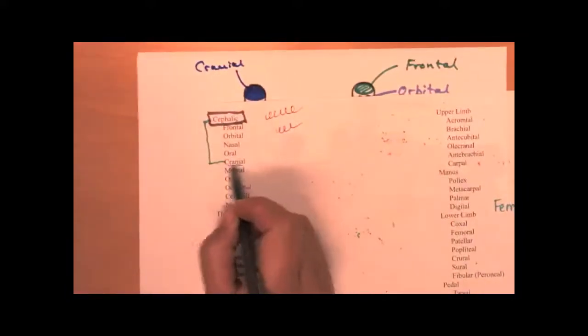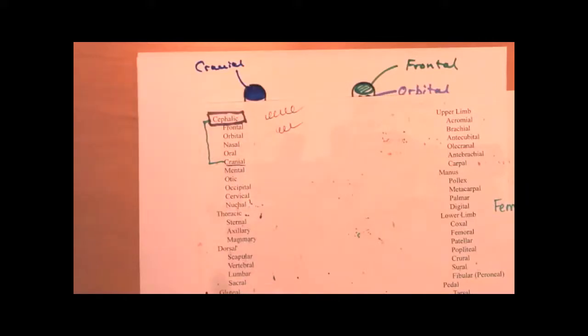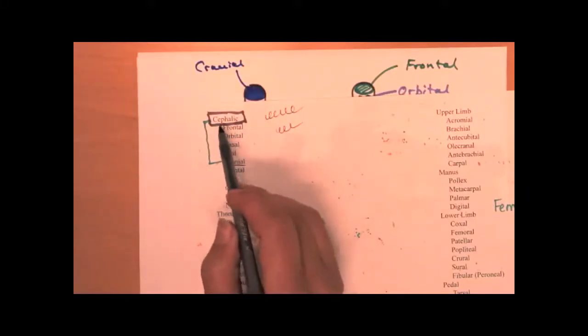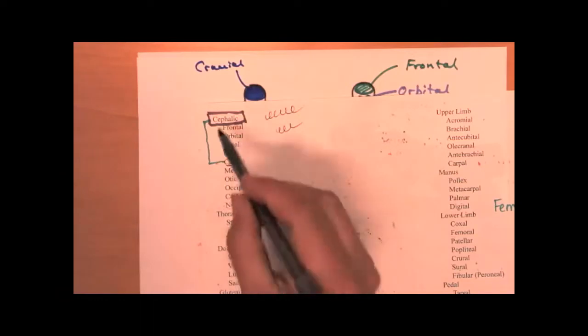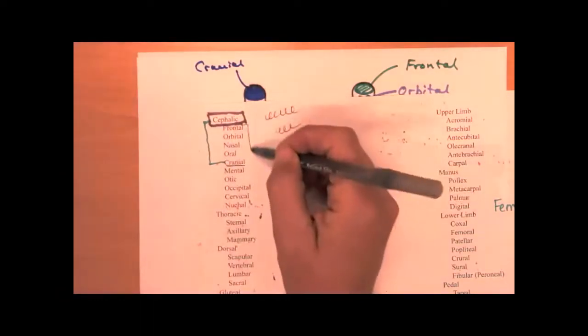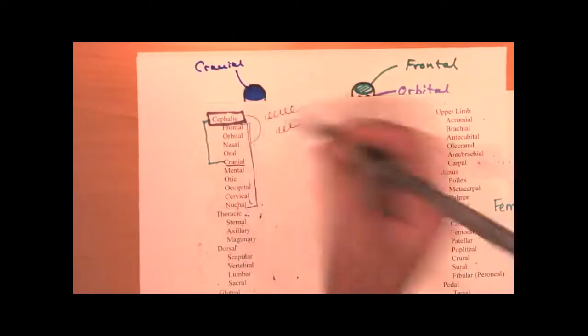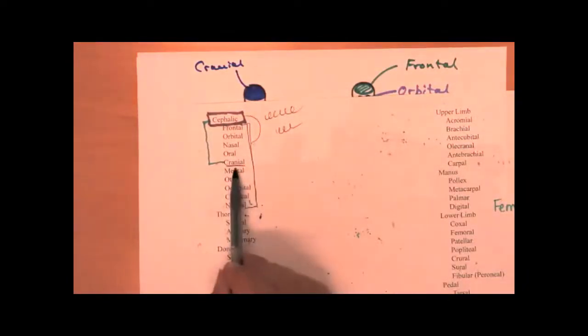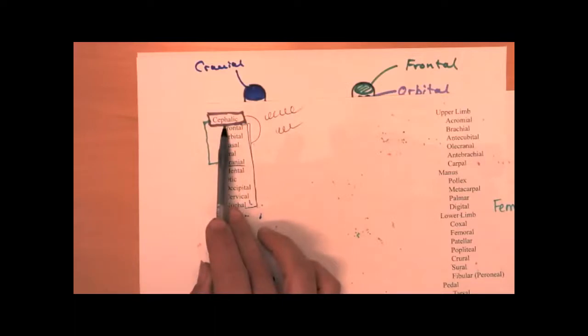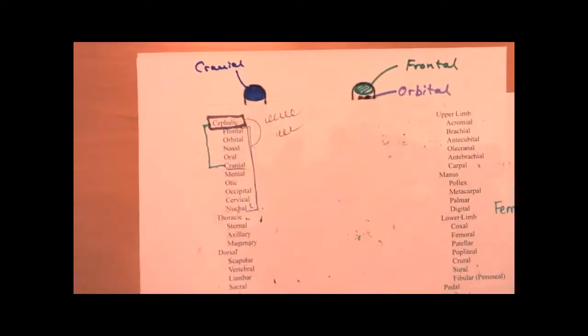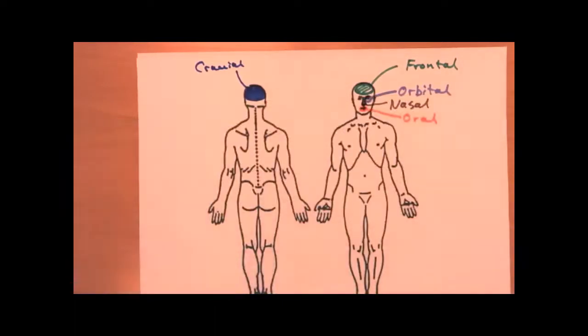So cranial, this is just your brain case. So the flat bones of your skull. Cephalic is the entire head. Okay, and I know those get confused all the time. Cranial, just your brain case. Cephalic, the whole head, including your face. Okay.